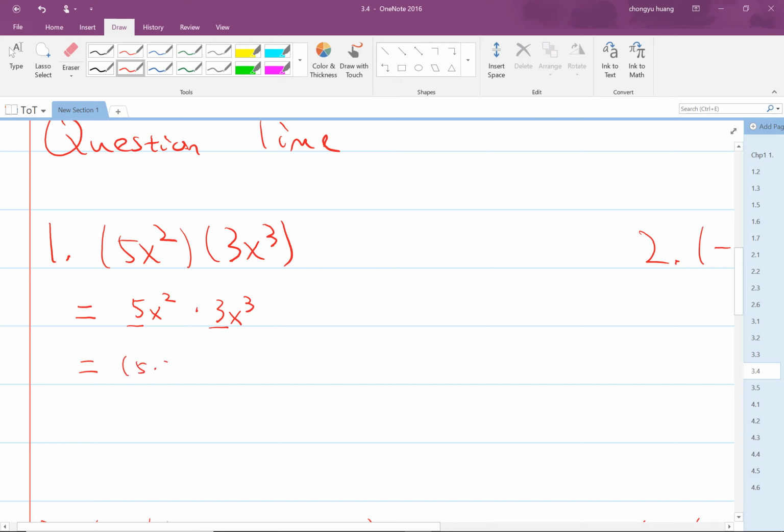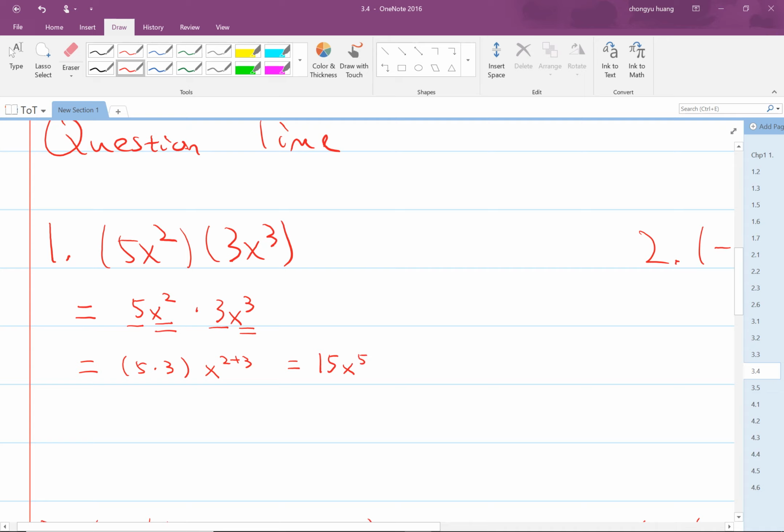So we have 5 multiplied by 3, and then we have x to the power 2 and x to the power 3. x to the power 2 multiplied by x to the power 3 is x to the power 2 plus 3. So for the solution, 5 multiplied by 3 is 15, and 2 plus 3 is equal to 5.